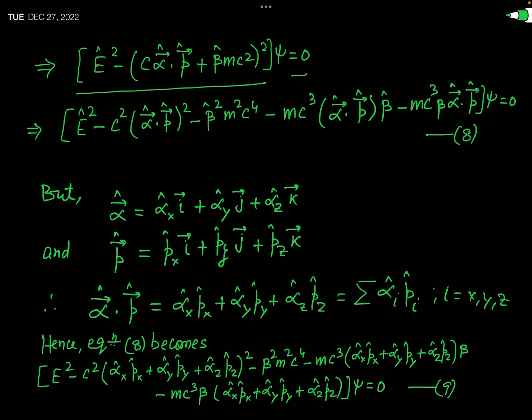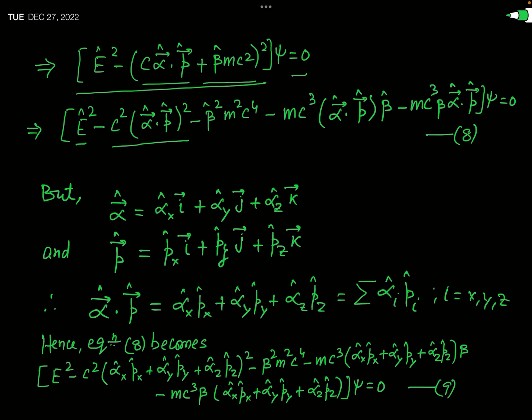Now when we simplify it, this E hat square remains as is, and then we have (C alpha dot P plus beta MC square) whole square. When C alpha dot P is operated on C alpha dot P, that will be C square (alpha dot P) square.